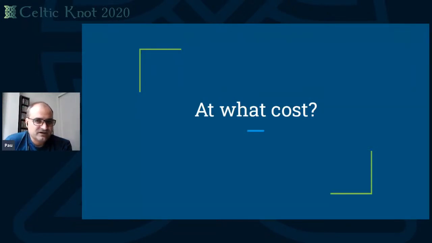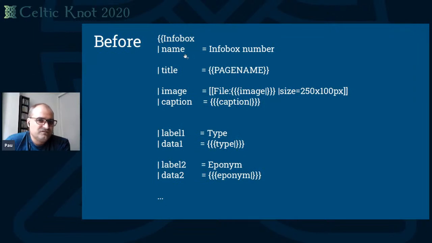This is a very simplified thing, but at what cost do we have to do it? Before, the Infoboxes were simplified in this way. It was the name of the Infobox, the title, the image, and the caption, and every field had a label and a data field.